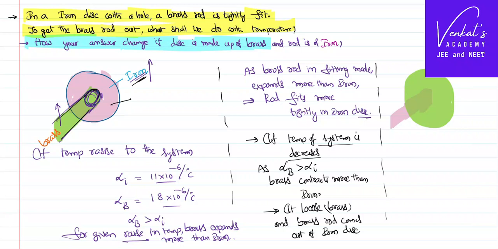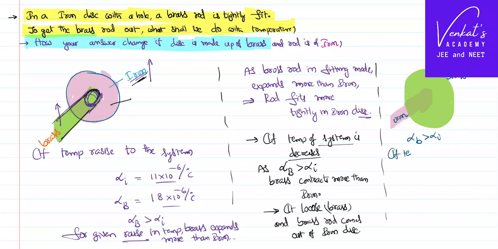What happens now if I decrease the temperature? The same analysis. The disc is made up of brass, the rod is made up of iron. We know that alpha of brass is greater than alpha of iron, so brass expands as well as contracts more than iron.